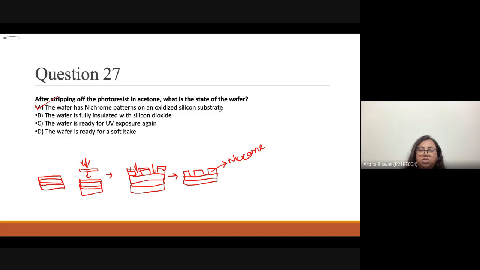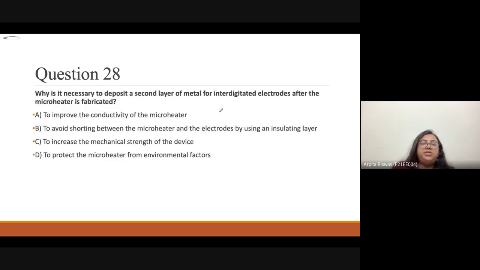Okay, so next we move toward question number 28. Why is it necessary to deposit a second layer of metal for the interdigitated electrode after the microheater is fabricated? The first option is to improve the conductivity of the microheater. The second option is to avoid shorting between the microheater and the electrodes by using the insulating layer. The third option is to increase the mechanical strength of the device. And the fourth option is to protect the microheater from environmental factors.